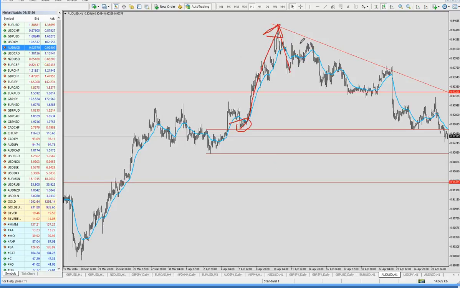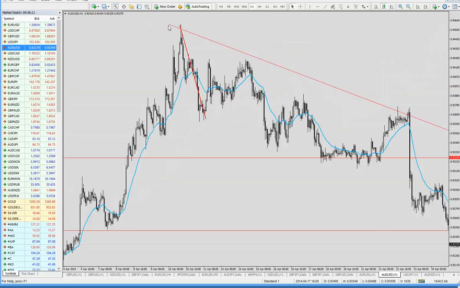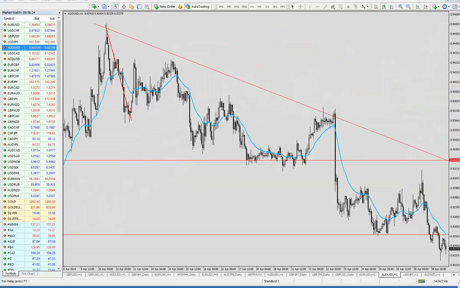Then yesterday we retested that level, we pushed higher, but finally it's gone. It's not support anymore. And it's this upper line here, so let me make it bigger. It happened during Tokyo. We retested this and went lower.